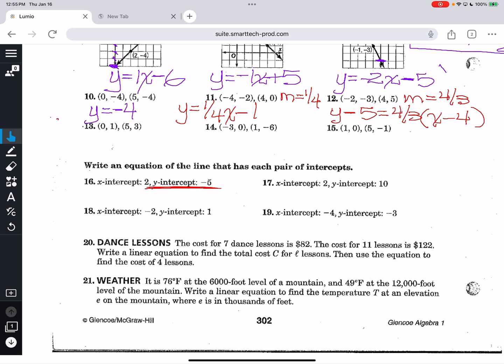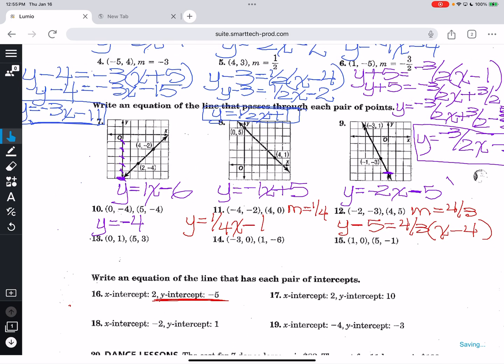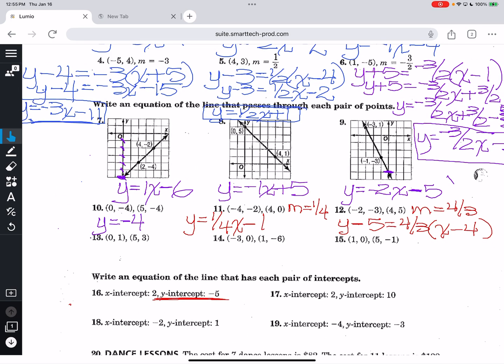Let me pull this back down a little bit. On number 8, where would I find negative 5? Honey, we're talking about x-intercept, y-intercept. Look, number 7 shows it.